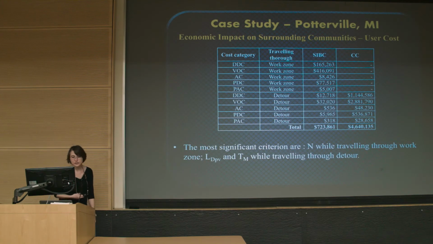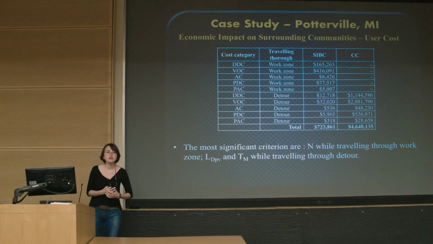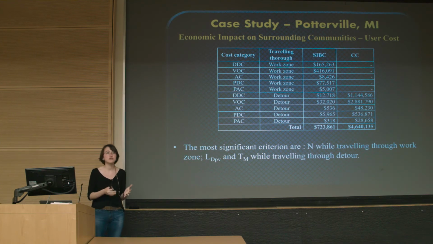And then here is the user cost with SIBC and conventional construction. The most significant criteria here are the mobility impact time and the duration of reduced speed limit. And then the detour length, of course, in terms of bridge construction.